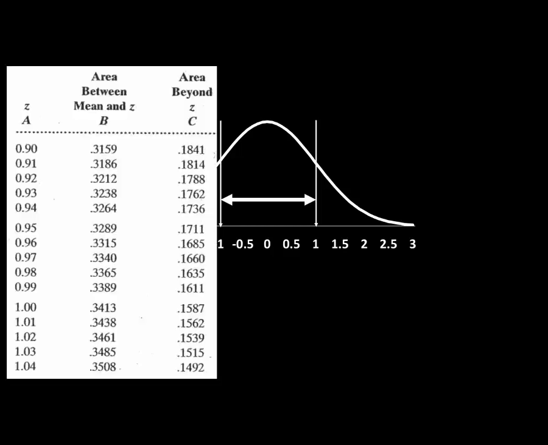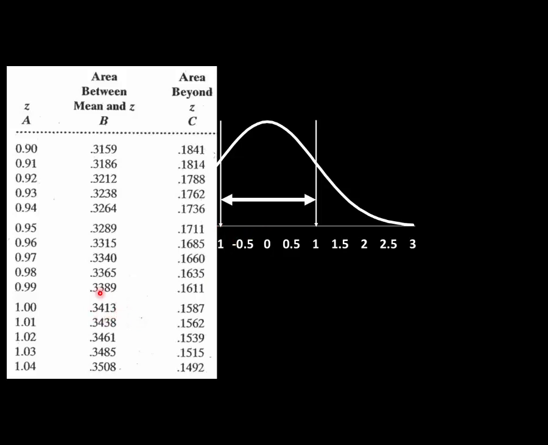Well, going back to our table, this gives us the proportion that is between the mean and 1 standard deviation above the mean. And by symmetry, right, we know that the normal distribution is symmetric about the mean. We know that this also has to be the proportion between the mean and 1 standard deviation below the mean.